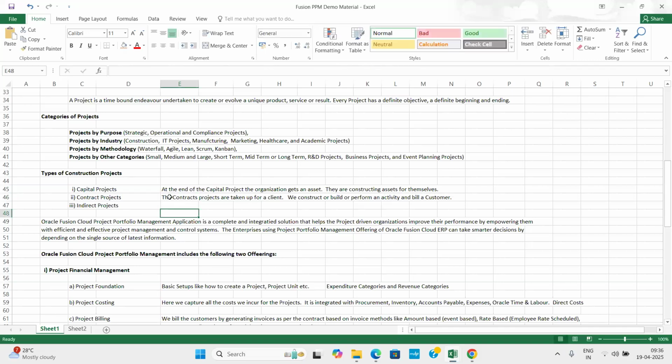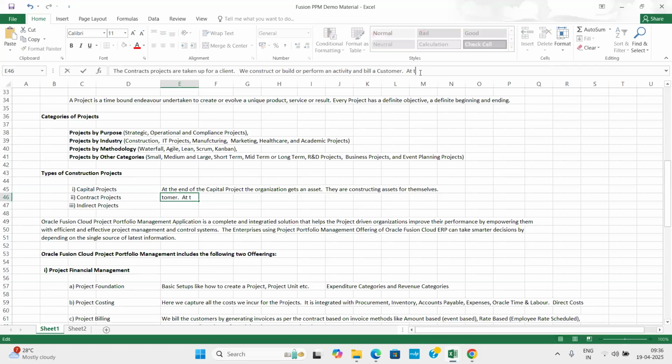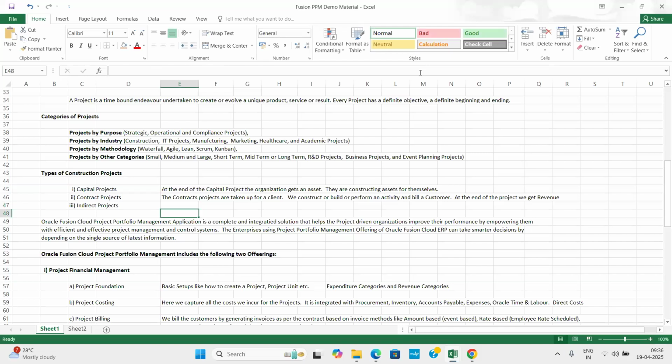At the end of the day, we get the revenue. We don't get an asset like that. At the end of the project, we get revenue because we are selling our services or our product, or anything that we are doing, and that is the revenue we generate from that project.